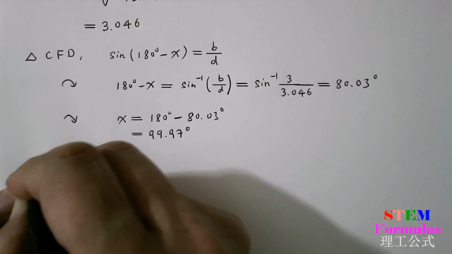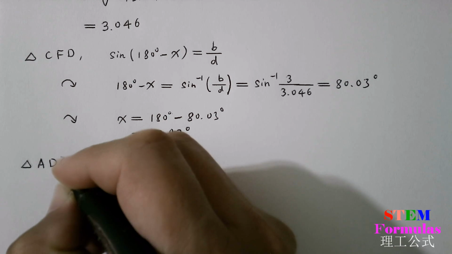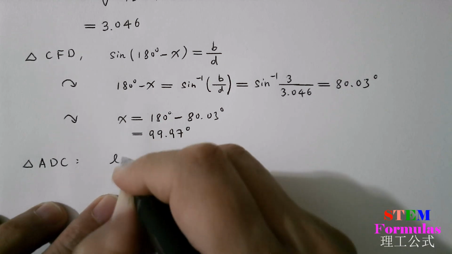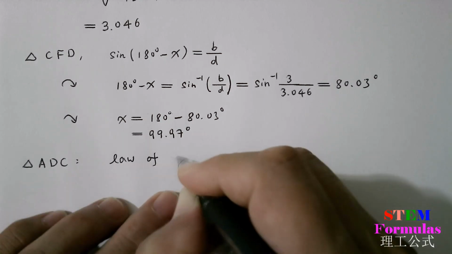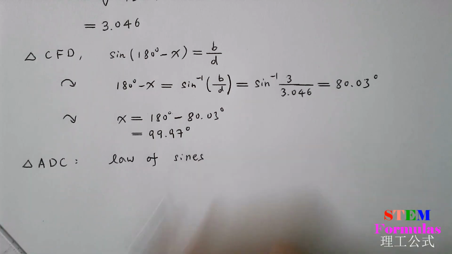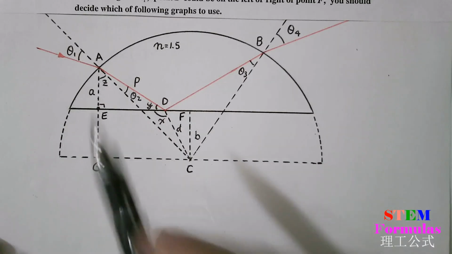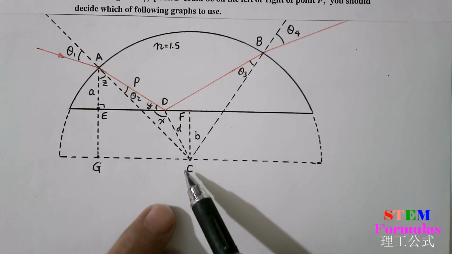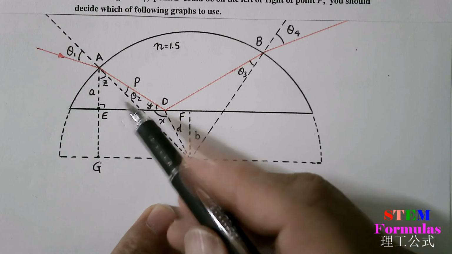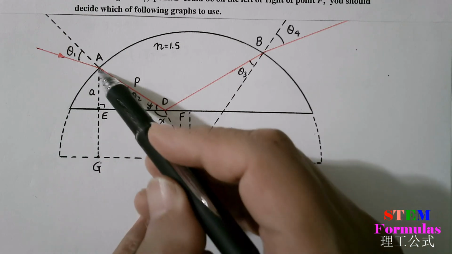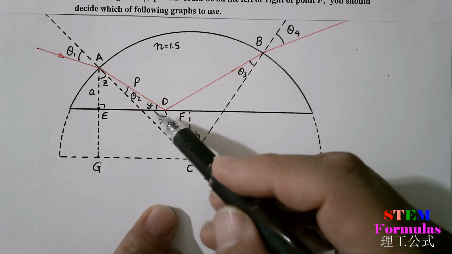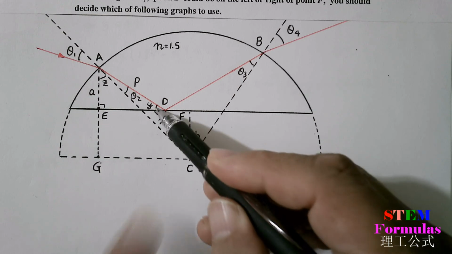I consider triangle ADC. For ADC, I use the law of sines. The law of sines states that D divided by sine theta 2 equals R divided by sine x plus y.